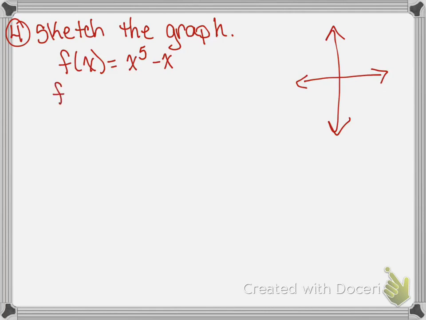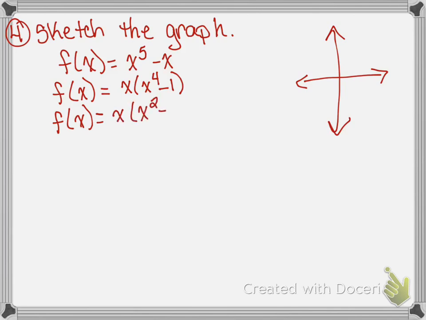So the first thing I'm going to do is start factoring this. I can take out an x, and then I'm left with x to the 4th minus 1. And x to the 4th minus 1 is a perfect square. So that breaks down to x squared minus 1 and x squared plus 1. So that was a difference of perfect squares.